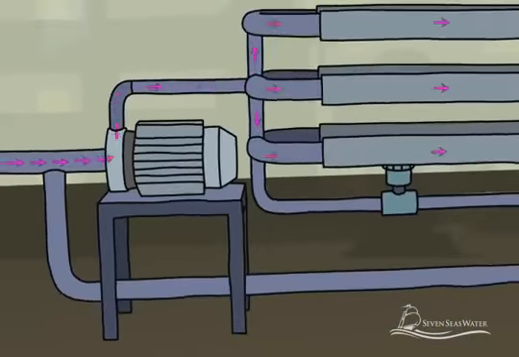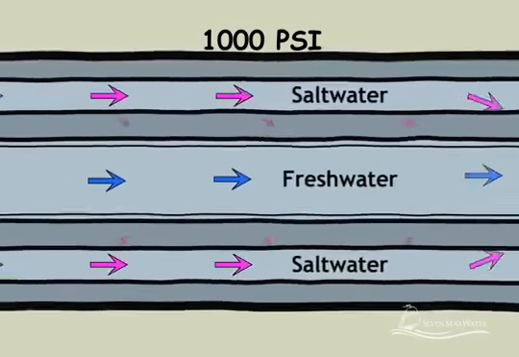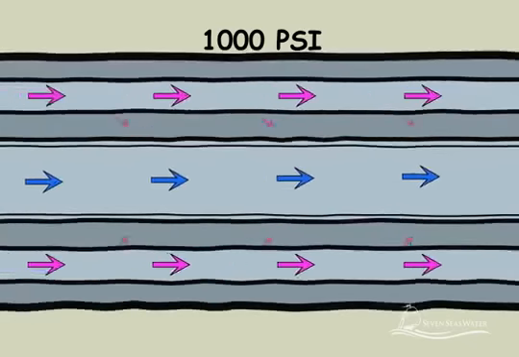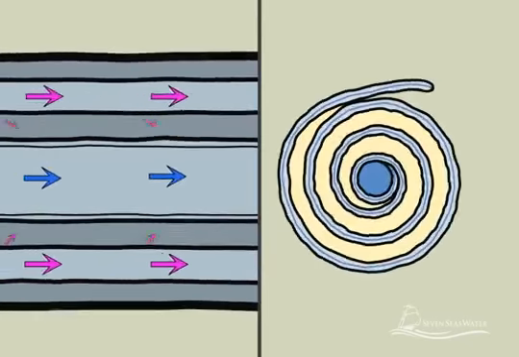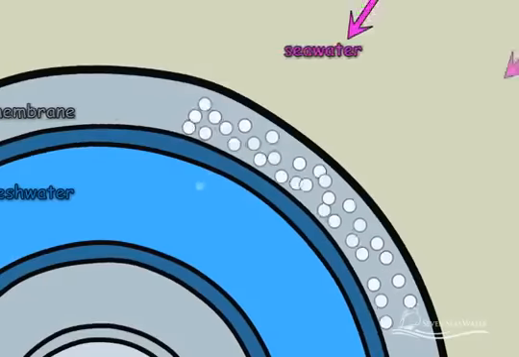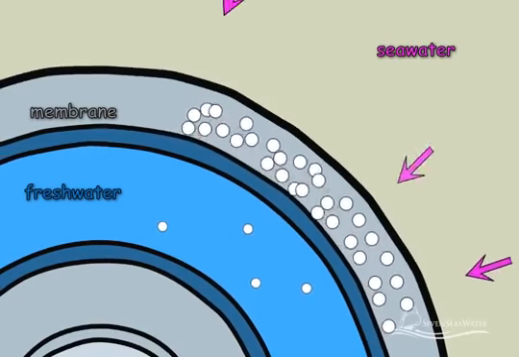The pressure needs to be sufficiently high to overcome the naturally occurring osmotic pressure and force water from the saltwater side through the reverse osmosis membranes to the freshwater side. The salt particles in the seawater are ejected from passing through the membrane to the freshwater side and remain behind on the concentrated saltwater side.